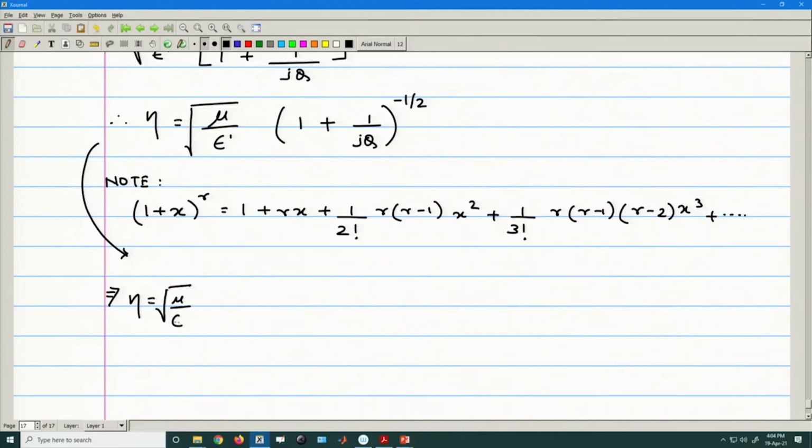mu upon epsilon prime, so the first one will be 1 plus r x, in this case r is minus half, right. So r will be minus half, x is 1 by jq. Okay.